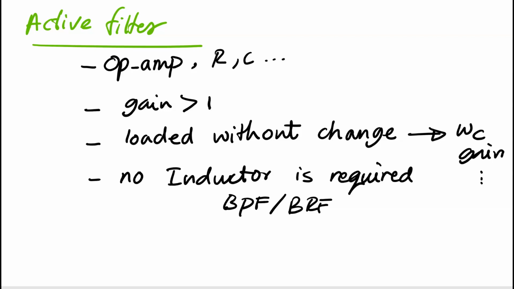And the last advantage of active filter is that by cascading very simple filters, you can make higher order filters, and those higher order filters are closer to ideal situation. So you know the steps on making your filter closer to ideal.